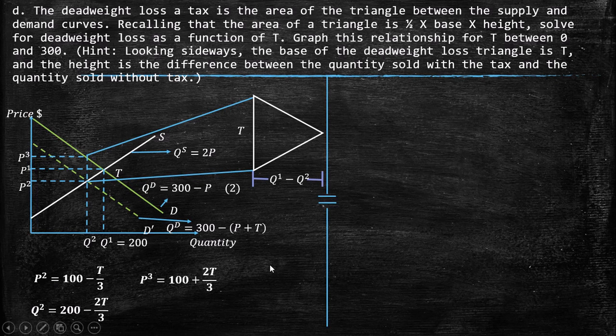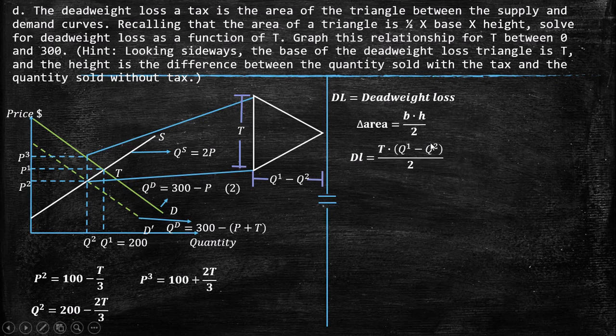So now we need to find a relationship between the tax and the deadweight loss. Here I'm going to denote the deadweight loss as DL. Remember, as the problem says, the area of a triangle is base times height over 2. So in our case, which is the base? t. This is our base. Which is going to be the height? The difference between Q1 and Q2. So it's going to be Q1 minus Q2 over 2.